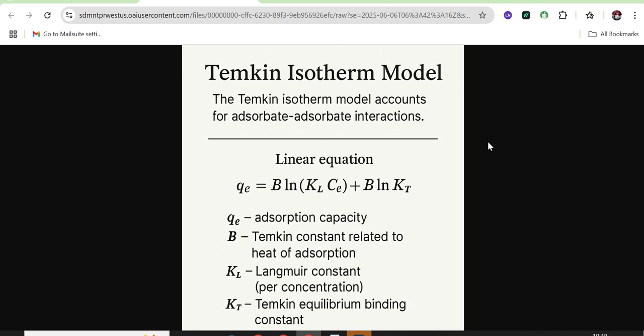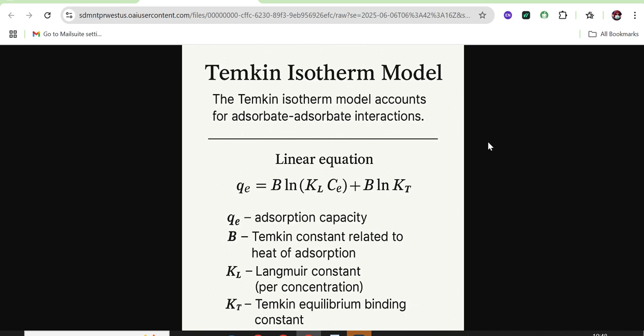So what kind of interactions, either physical or chemical, and what kind of bonding, ionic or other types of bonding, will take place between adsorbent and adsorbate. This we come to know from the Temkin isotherm model.